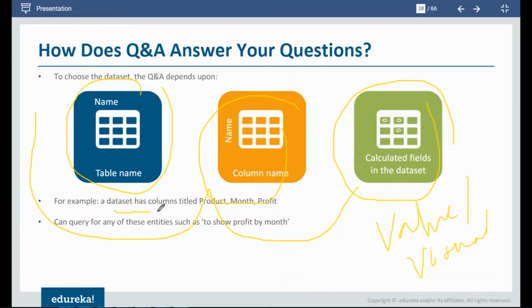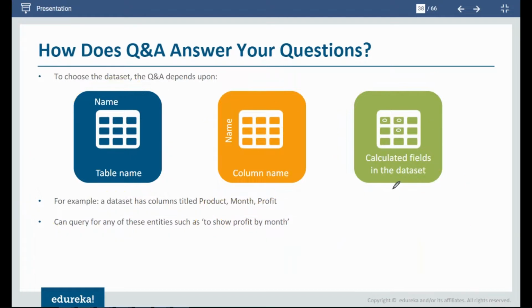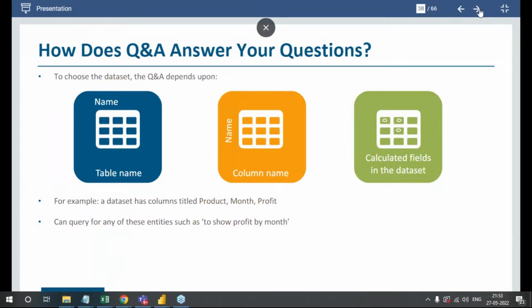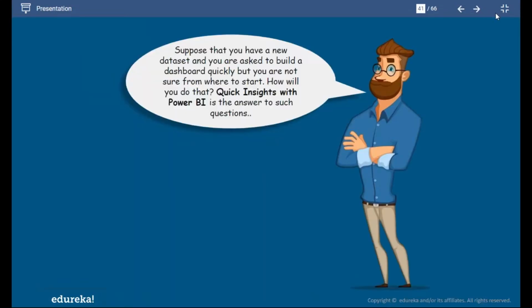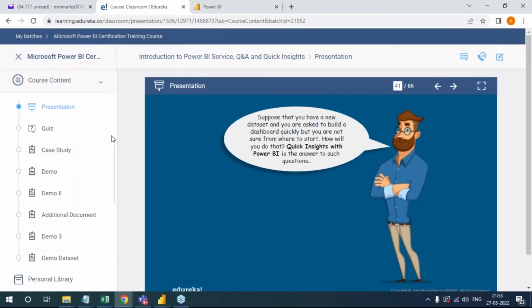For example, a data set has columns title, product, month, profit. You can query for any of these entities such as show profit by month. Just now we have seen it, right? So that's how it will pick relevant information. Can we customize it? Yes.